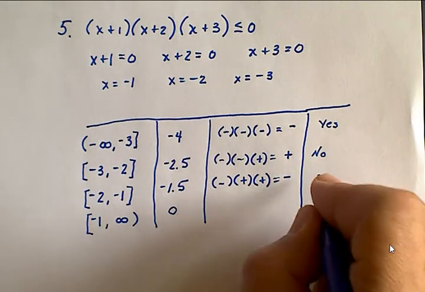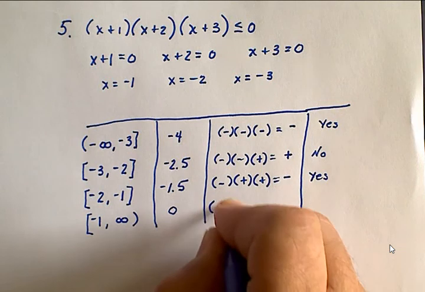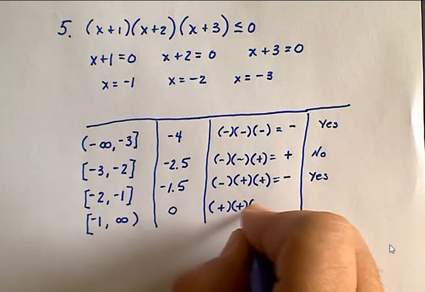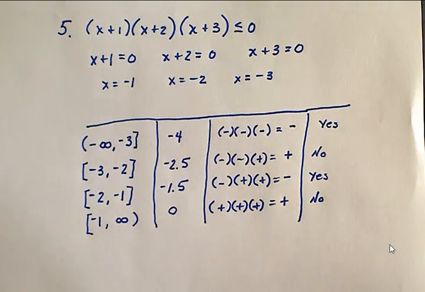Again, a yes. And then positive, positive, positive, which is no. Okay, so we're testing the intervals, creating the intervals using the intercepts, the zeros, finding those test points, plugging them in, find the sign of my final answer, and see if it matches up with what the inequality says.